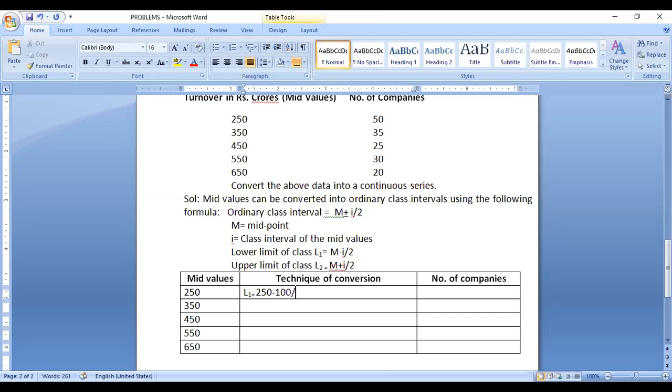So 100 by 2. So it will give you 250 minus 100 by 2 is equal to 50. So it will be 200. So 200 is our lower class limit.